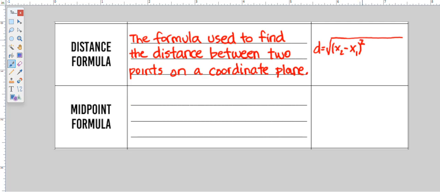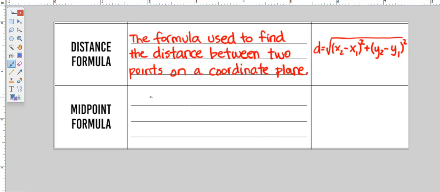Squared, plus y2 minus y1. So we are subtracting those as well, and they're also squared. So we are looking for the distance between the x's, that's why we're subtracting, and the distance between the y's, and we are finding the overall distance based on that. That is the distance formula. We will see it put to use in the coming weeks, but we just want it for reference right now.